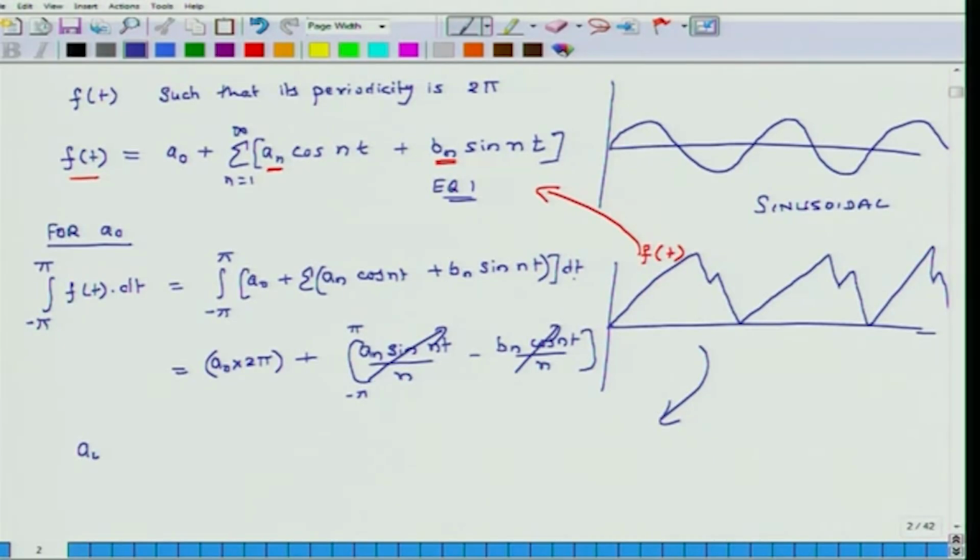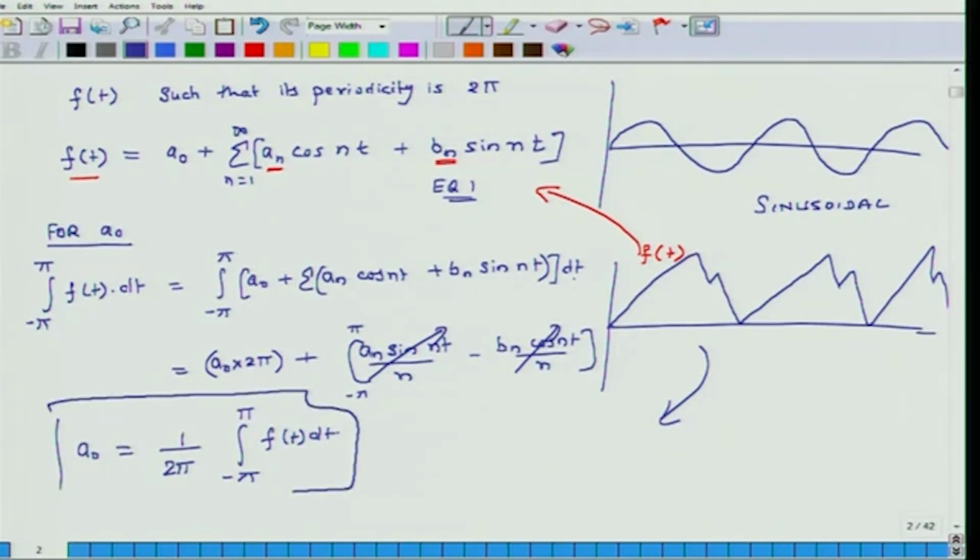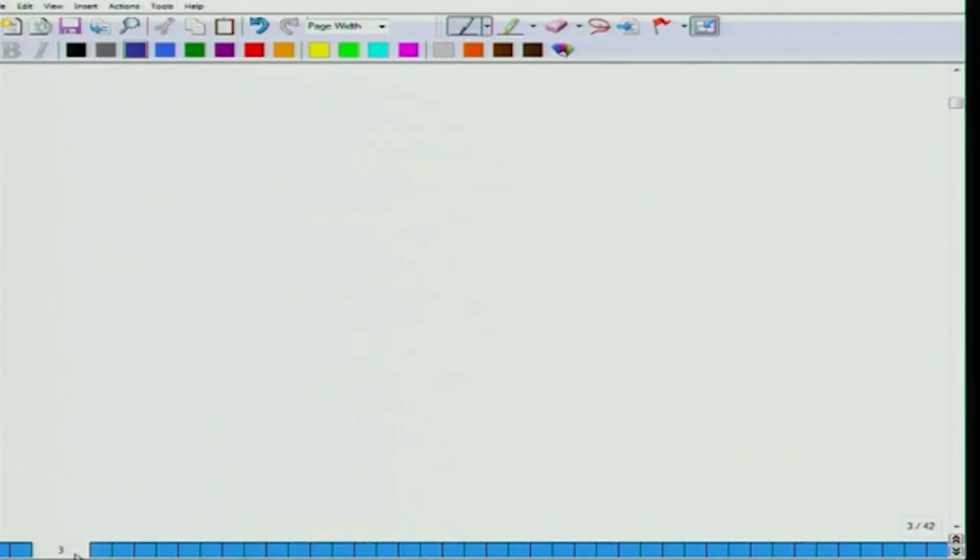So a0 equals 1 over 2 pi integral of minus pi to pi f(t) dt. This is 1. Next, we will compute the value of an.